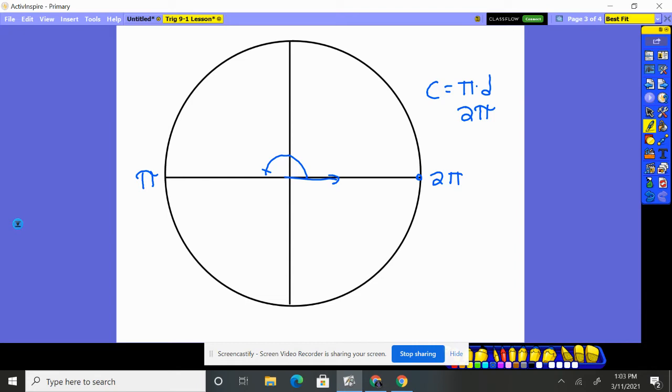So 180 degrees and pi are the same thing. One is in degrees, one is in what we call radians, because from here, walking all the way around that circle of a unit of 1, I would have walked 3.14 feet or 3.14 units or whatever, meters, miles, whatever we want.